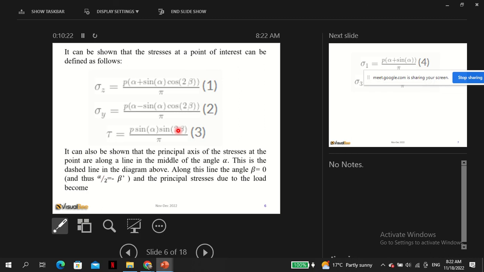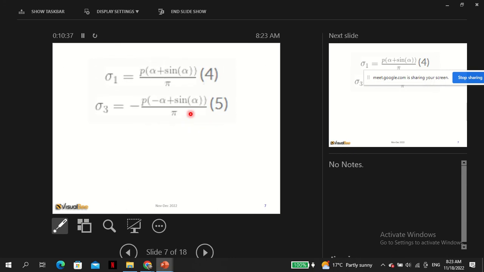When you substitute in this equation, you then transform them to sigma 1.